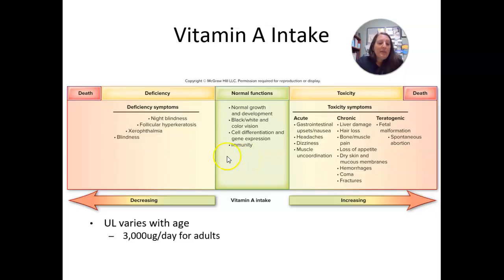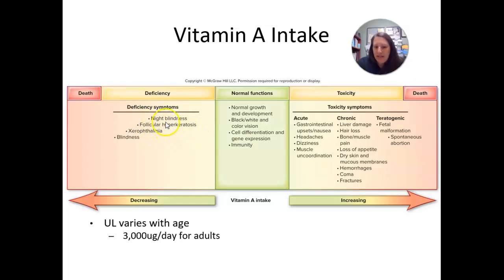Okay, what happens if we don't have enough vitamin A? So here are the list of deficiencies. So individuals not getting enough vitamin A in their diet will suffer from things like night blindness, not being able to see well at night. Follicular hyperkeratosis.